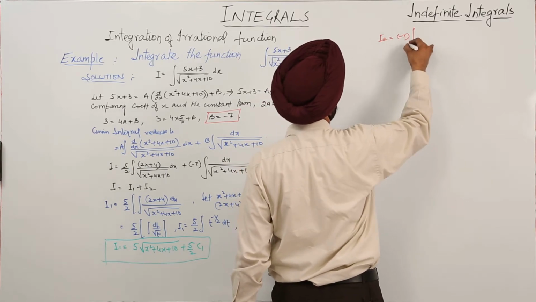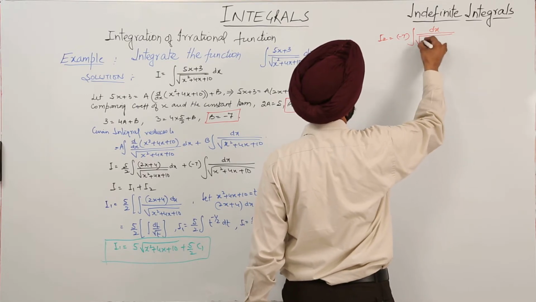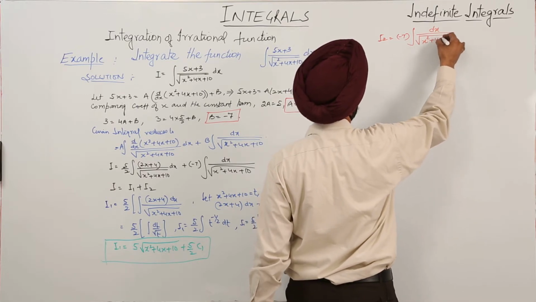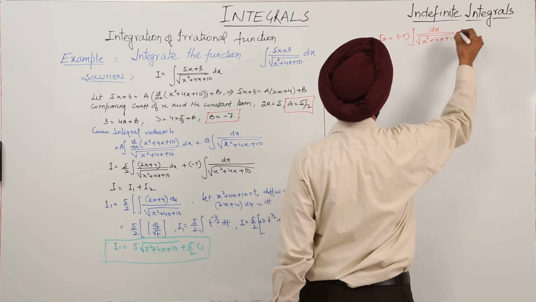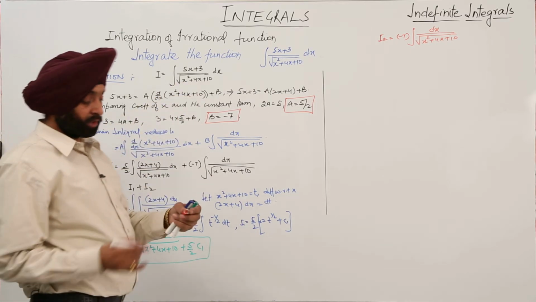Negative of 7 integration of dx upon under the root x square + 4x + 10.